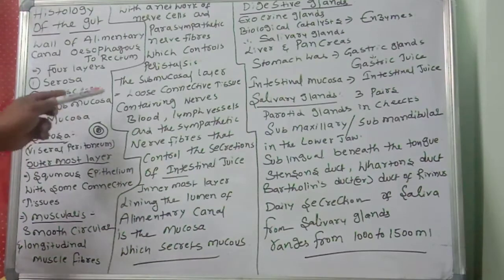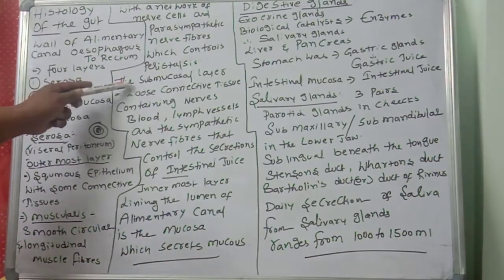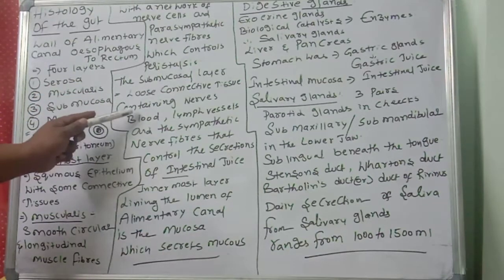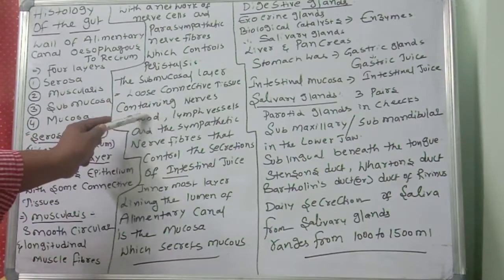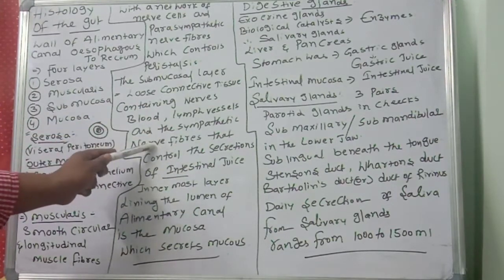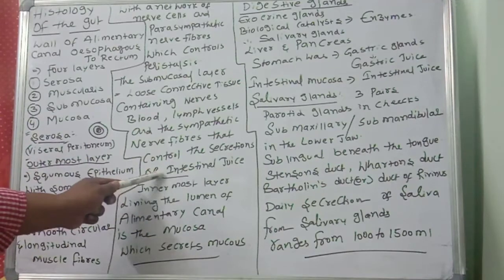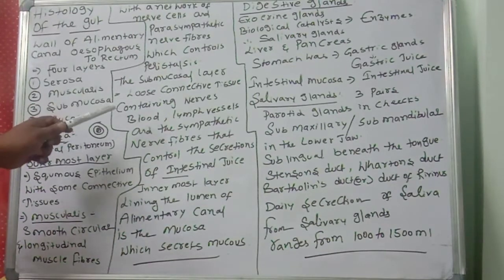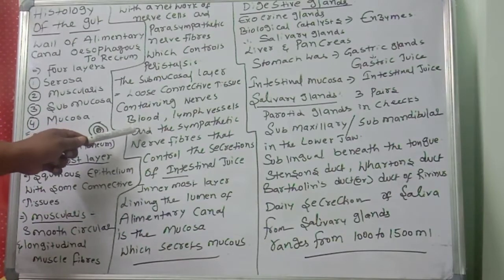Next layer, what is that? Submucosa. The submucosa is a layer made with loose connective tissue containing nerves, blood and lymph vessels, and sympathetic nerve fibers.